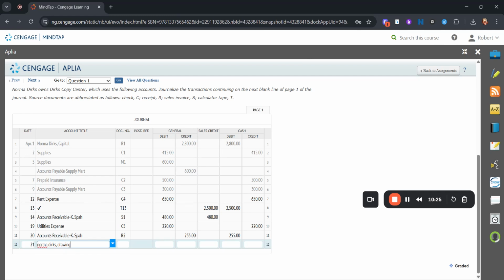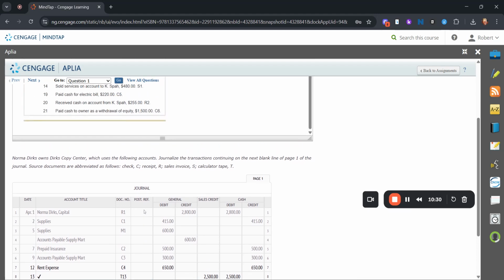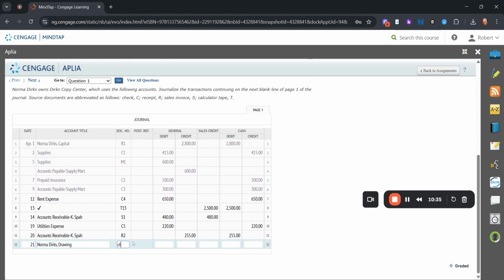Whenever the owner takes money out of an account, that's going to be a drawing account classification. Check 6. So that amount that Norma took out decreases the value of the business. It decreases owner's equity, so a decrease in owner's equity goes as a debit entry. Taking the cash out of the business decreased the asset, so a decrease in an asset goes on the credit column.